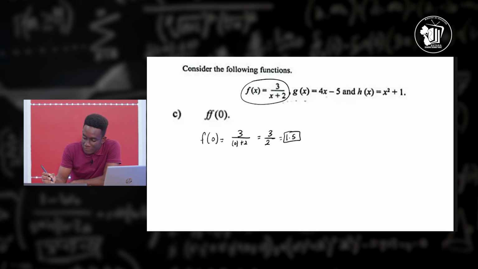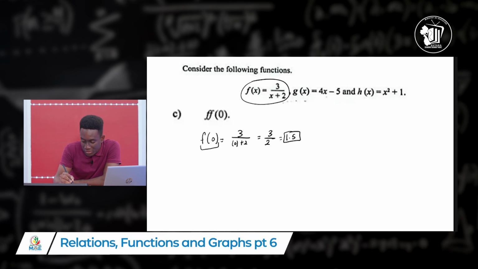So since we have f of 0 as 1.5, now we can find ff of 0. We're taking this f of 0 and putting it inside the function f. Instead of f of 0, we replace it with the answer that we found for f of 0.